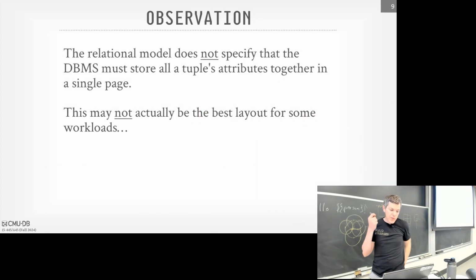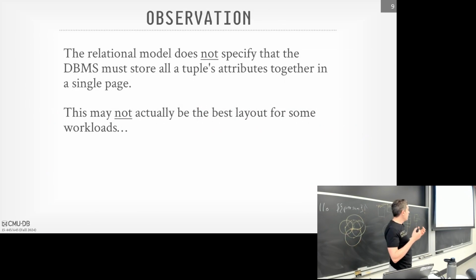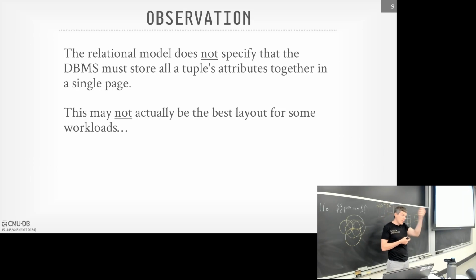Just to remind us again, the relational model doesn't specify anything about how we have to store data in a table, or the tuples. And there's nothing about the relational model that says we have to store the data for a single tuple all within the same page. We saw that last class when we talked about overflow pages. If I have a really large varchar, I could store that in a separate page and just have a pointer to it.